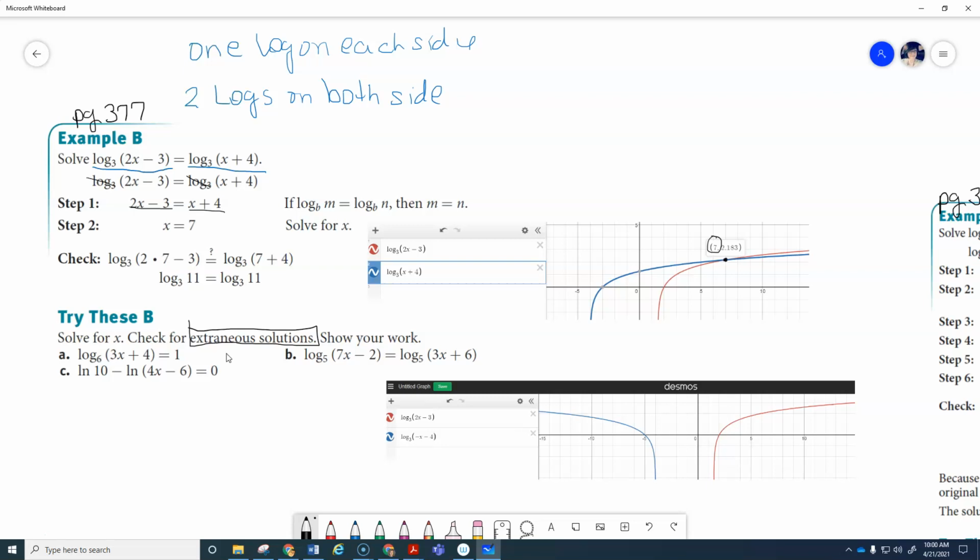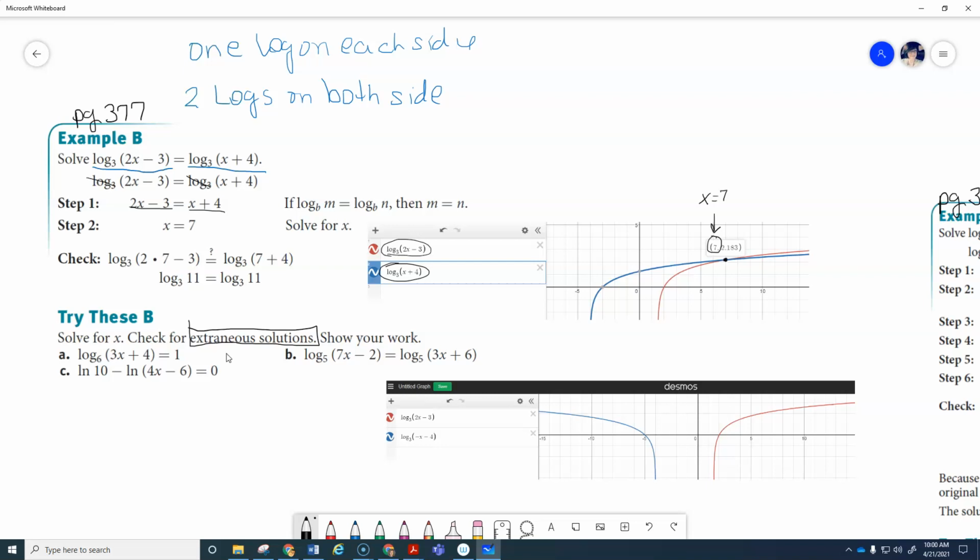They came up with x equals 7, and if you were to graph the left equation on one line and the log that was on the right side of the equation on another line, and then find where those two logs intersect, then this x equals 7 explains the algebraic solution.